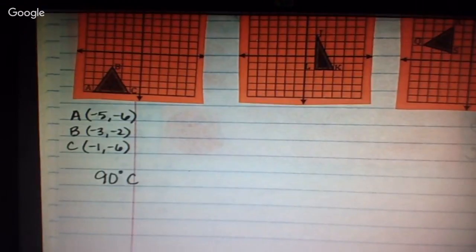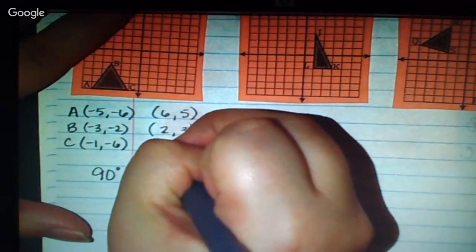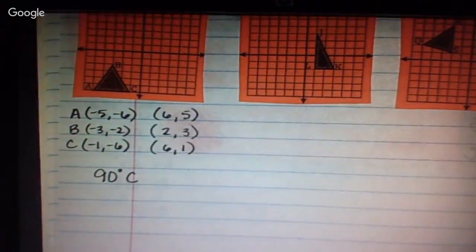Just the numbers. Okay, don't worry about the signs yet. So what that means is A should now be 6, 5. We're not doing anything with negatives yet. 6, 5, 2, 3, and 6, 1.